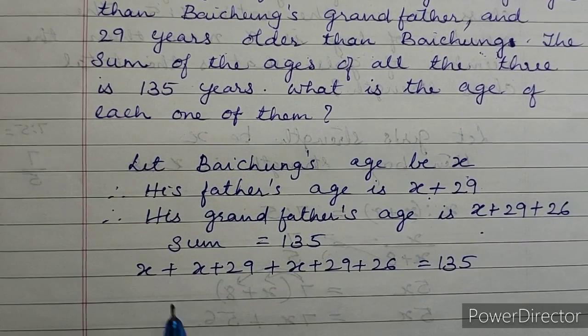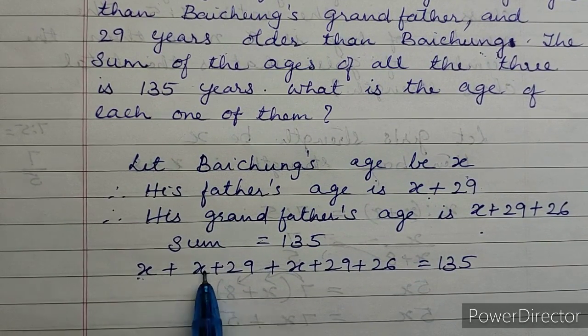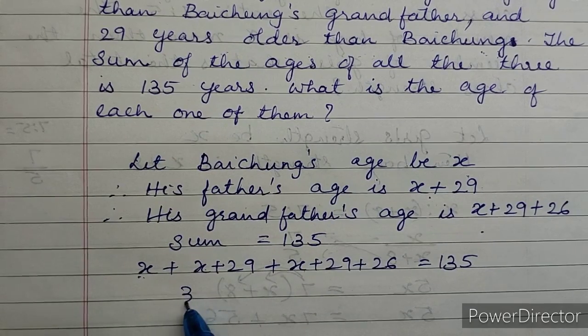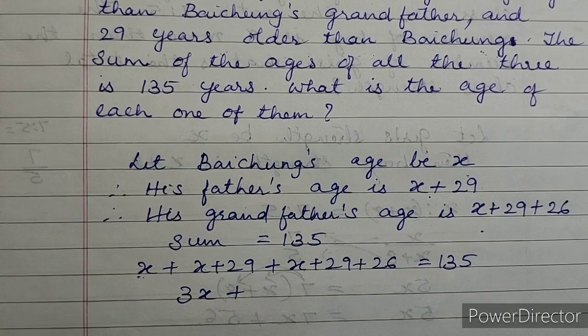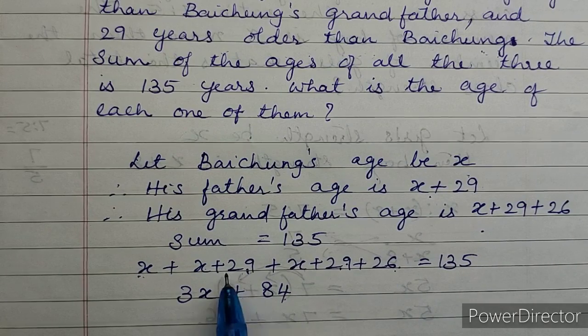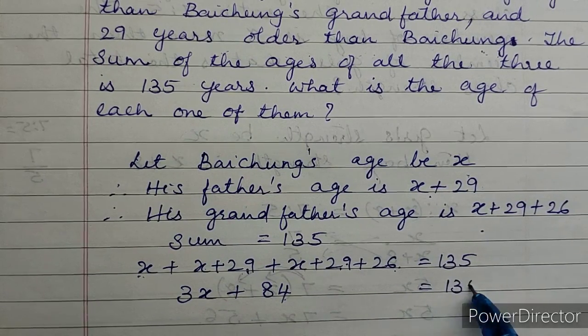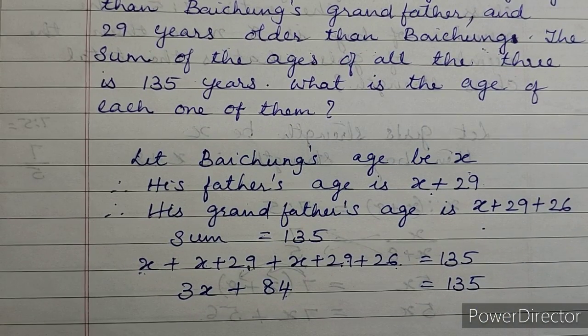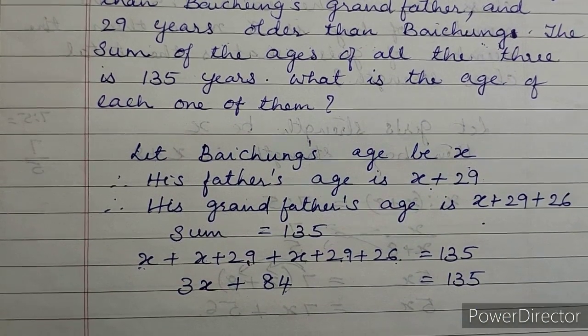Add these three. So how many x are there? 1, 2, 3. 3x are there. So 3x plus 29 plus 29 plus 26. How much will it come? That is 84. Total it is 84, equals 135. So 3x plus 84 is equal to 135.